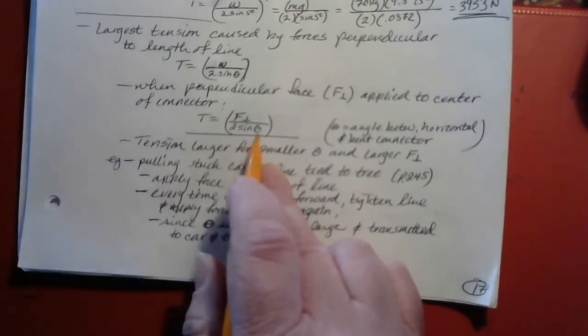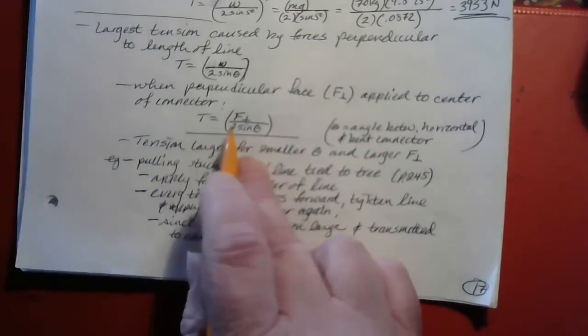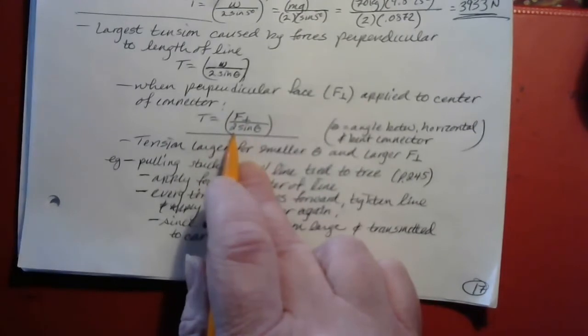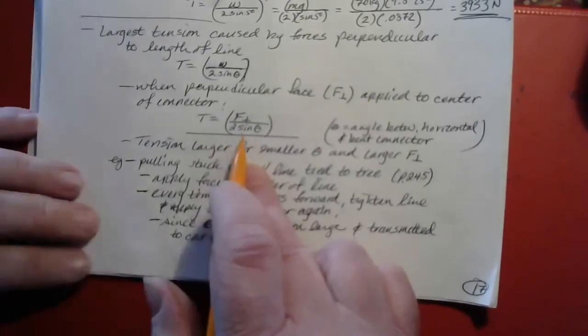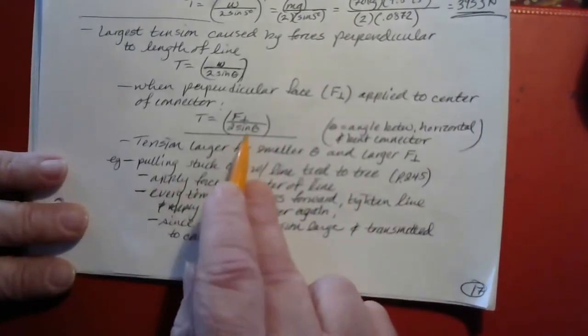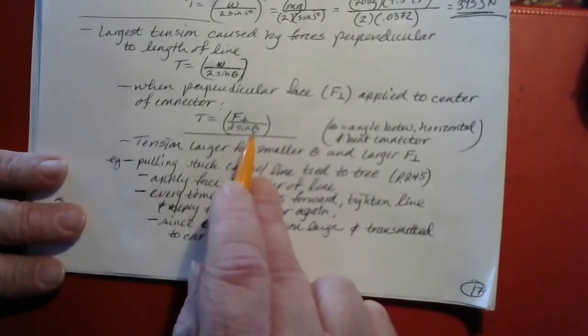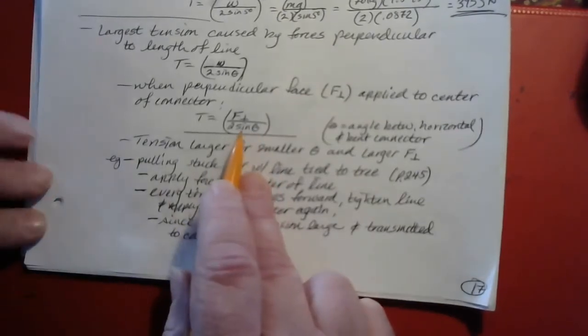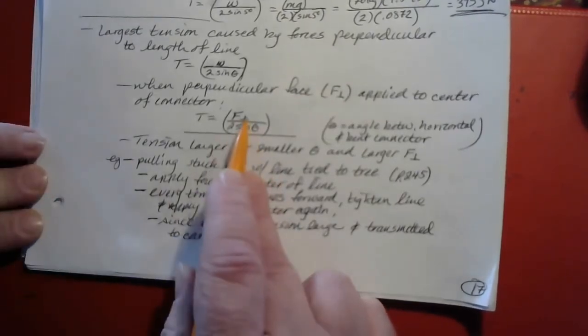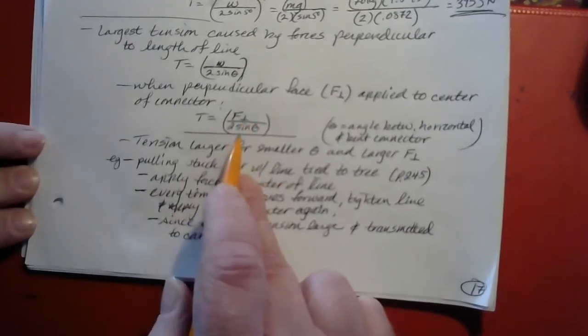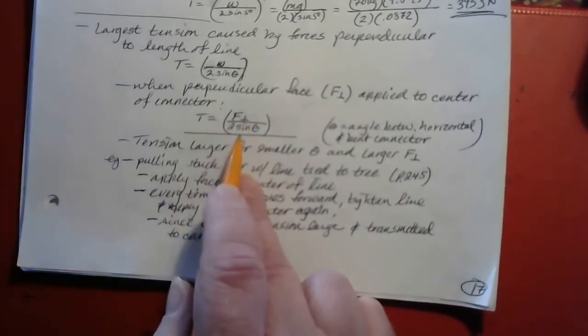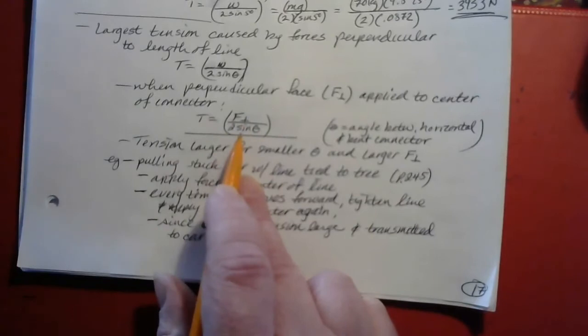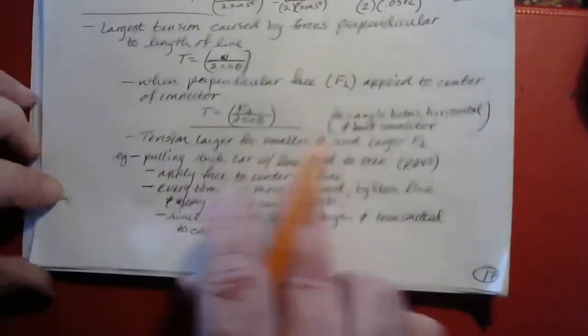So smaller deflections actually correspond to larger tensions. Because if theta is 0, the absolute limit of small deflections, then sine of theta would be 0, and you'd have a force divided by 0, which mathematically approaches infinity when you divide something by 0.